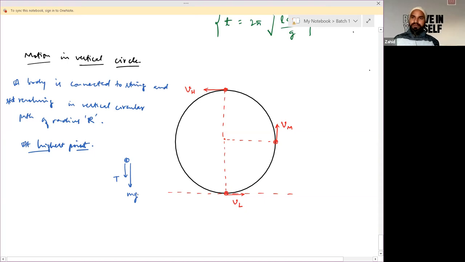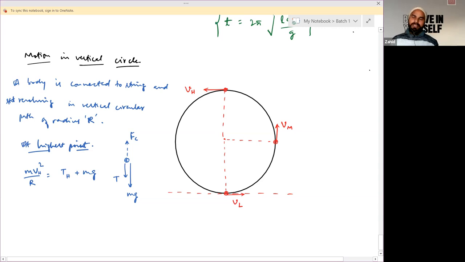And since it is revolving along circular path, at each instant there will be a force which tends to move it away from the circular path, that is called centrifugal. So you will say mv squared over r equals to tension at highest point plus mg.